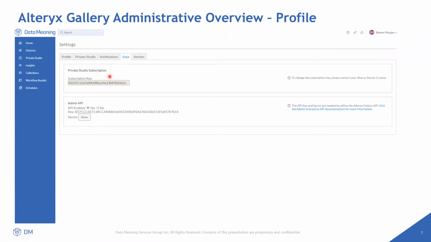So the subscription key is that private studio. The admin API key and the secret key that is listed here is what will authenticate you and give you the means to do some of your admin control through an API rather than needing to rely on going through any of these interfaces.